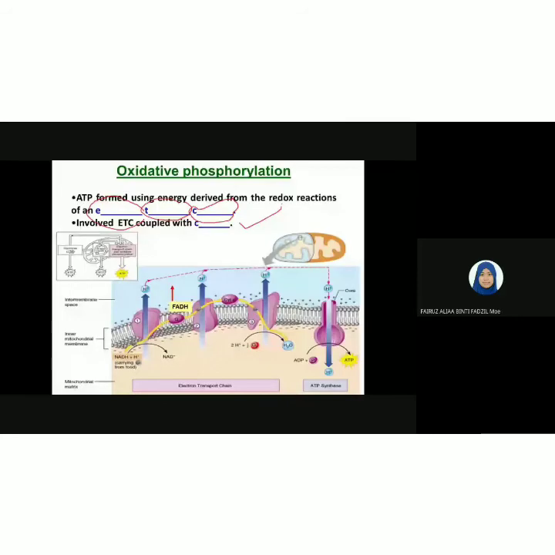Next, this involves the electron transport chain coupled with what process? Chemiosmosis. So oxidative phosphorylation involves the electron transport chain coupled with chemiosmosis.